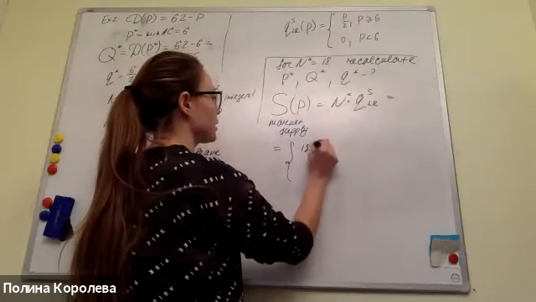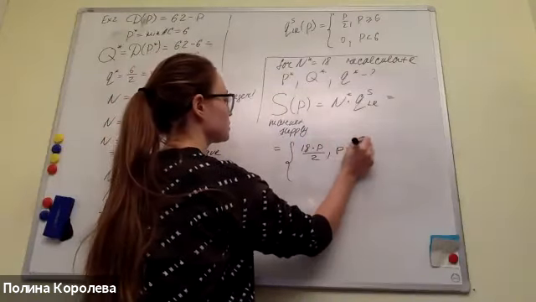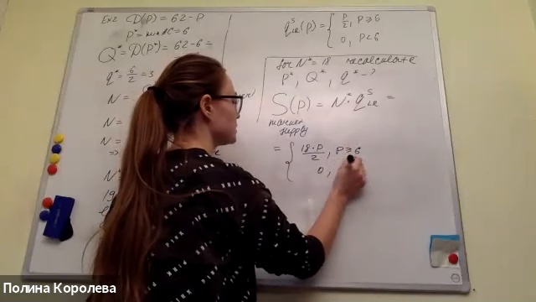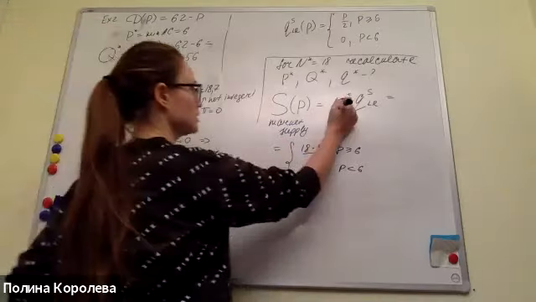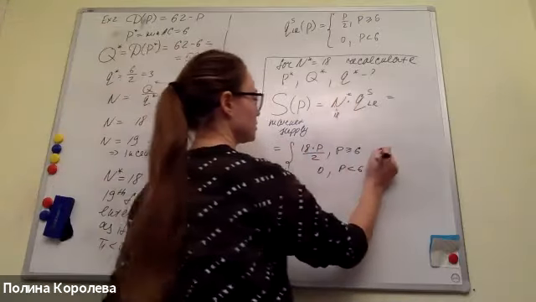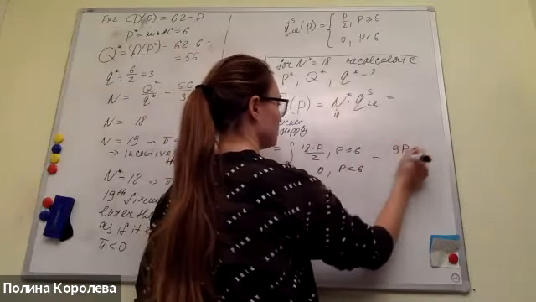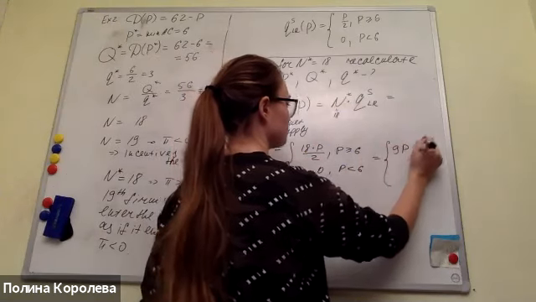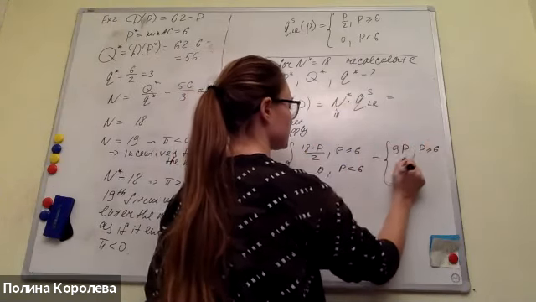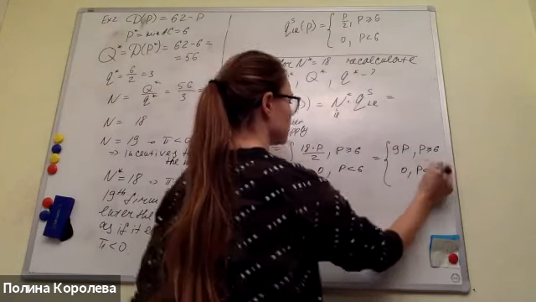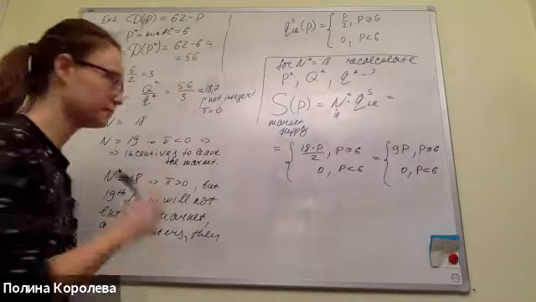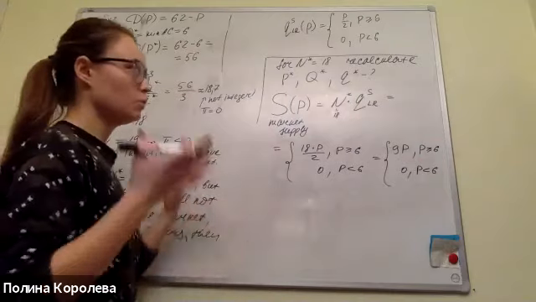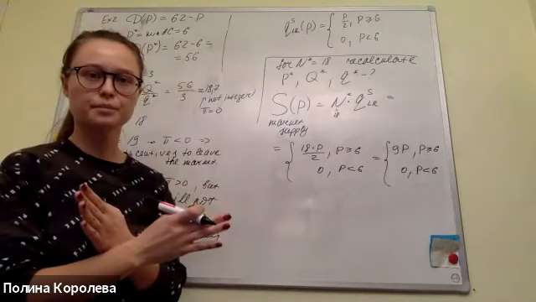So this will be 18 multiplied by price over 2 if price is greater or equal than 6, and 0 if price is less than 6. I multiplied by 18, so this will be 9 multiplied by price if price is greater or equal than 6, and 0 if price is less than 6. Now we are ready to cross demand and supply.